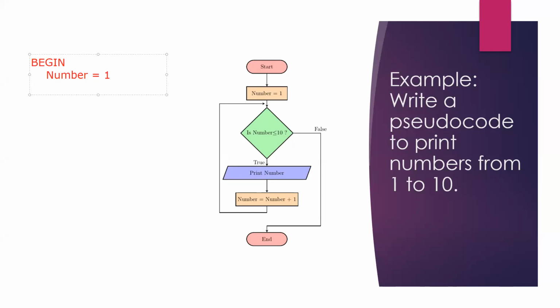Okay, now see the repetition part. So you see the arrow goes up. So this is the condition. If true, then you are going to perform these two. So that means you have while. Then what you're going to check is whether the number is less than or equal to 10.